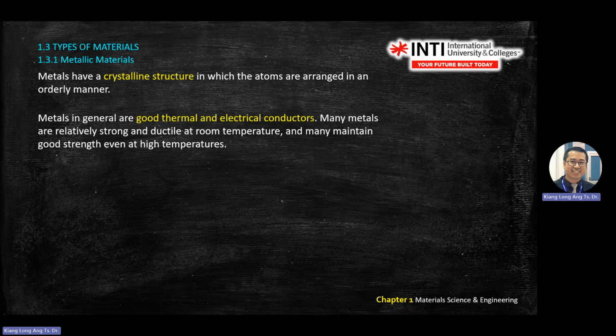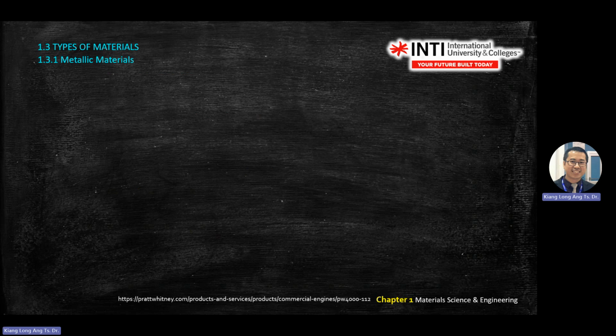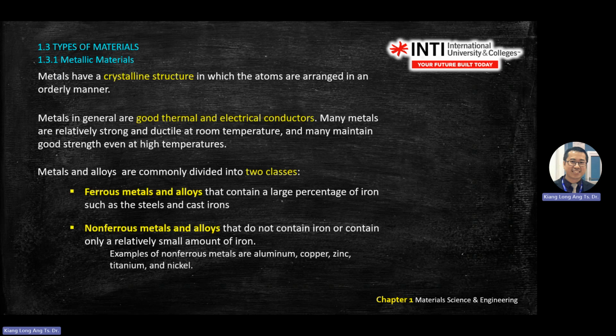So metals in general are good thermal conductors and electrical conductors. This one you know. The rest you read. In general, metal can further split into 2 classes, metal and alloy. Metals means the popular members, for example, ferrum, aluminium. Then you mix the members together to become alloy. So metal and alloy can split into another class called ferrous metals and non-ferrous metals.